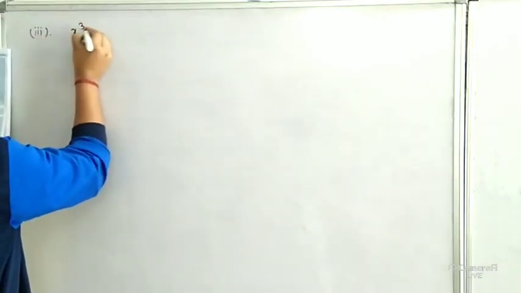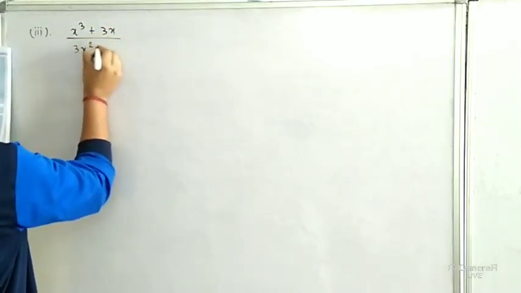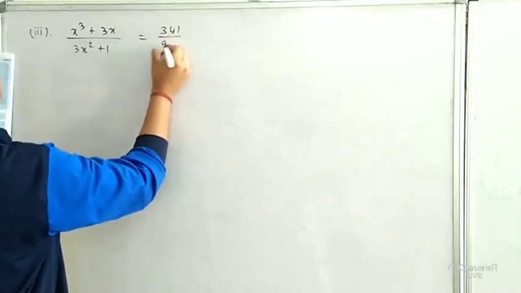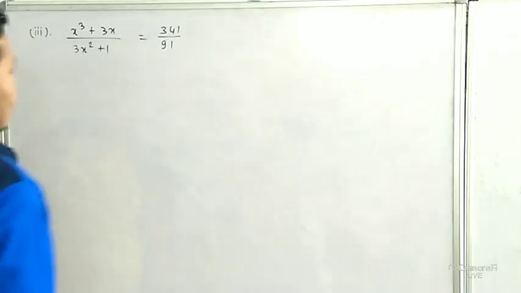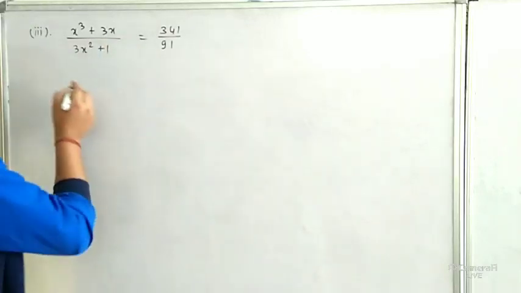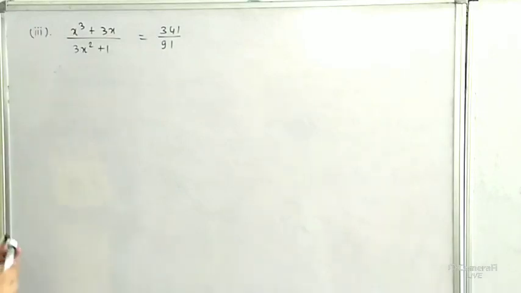This is x cube plus 3x upon 3x square plus 1 is equal to 341 upon 91. Same here, find the value of x. Here we need to calculate the value of x. So what, sir? Apply componendo and dividendo.